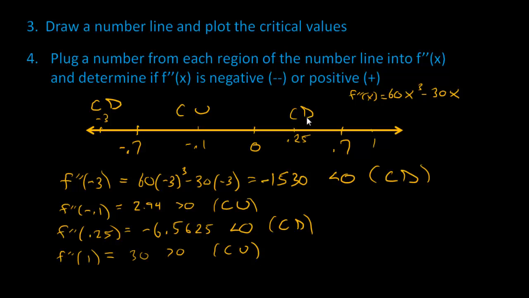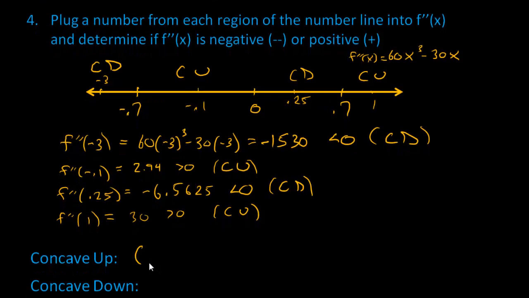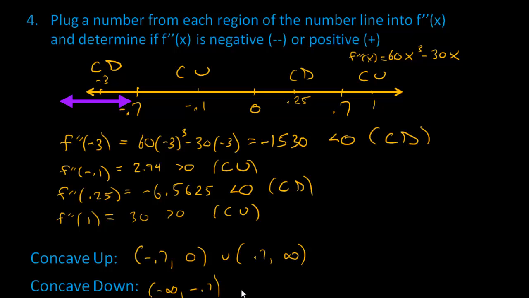So concave down, concave up. So the intervals of concavity: we are concave up from negative 0.7 to 0, and then again from 0.7 to infinity. We're concave down from negative infinity to negative 0.7. Again, I'm just reading it right off the number line. And where else are we concave down?